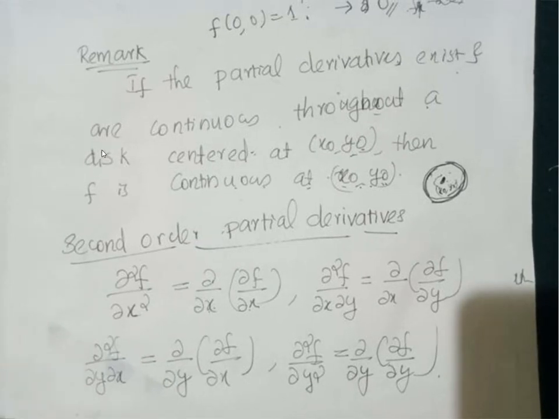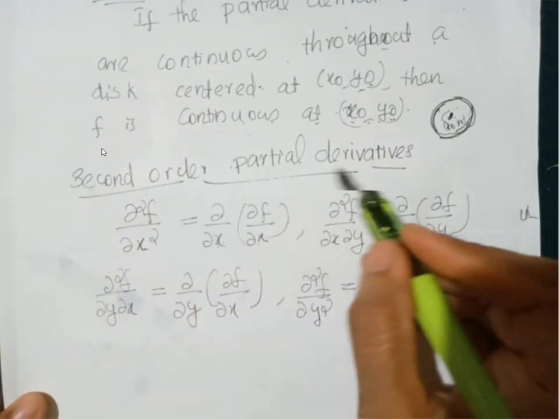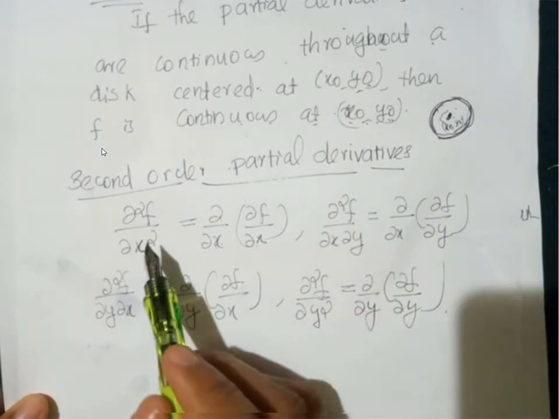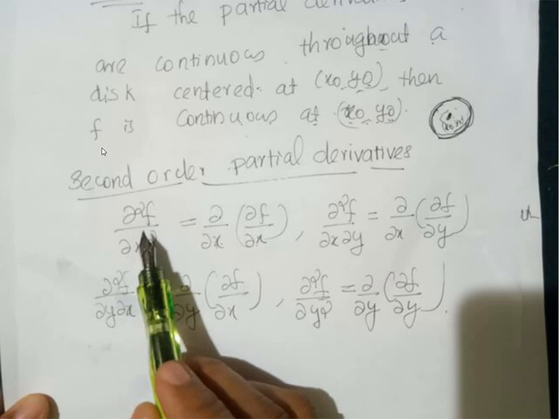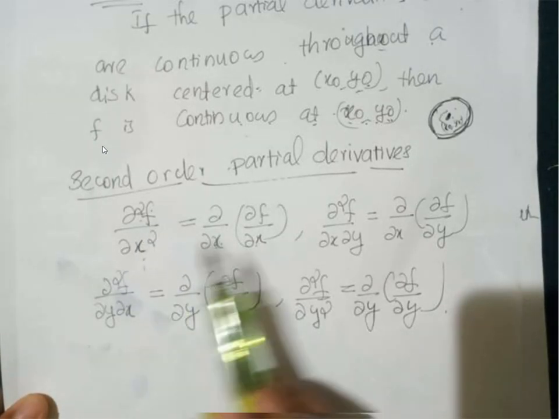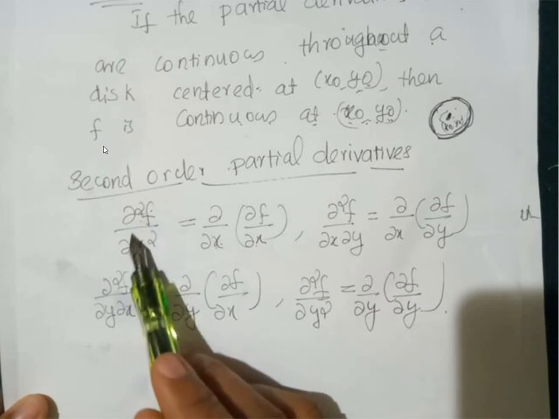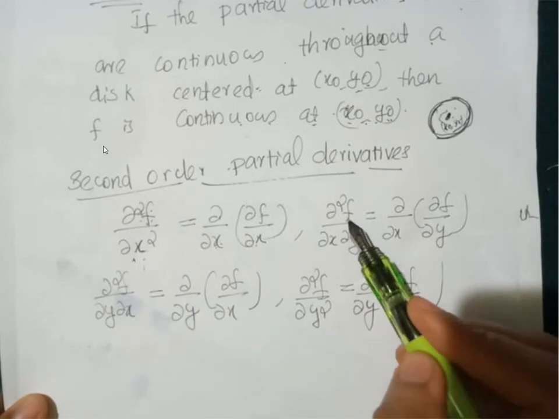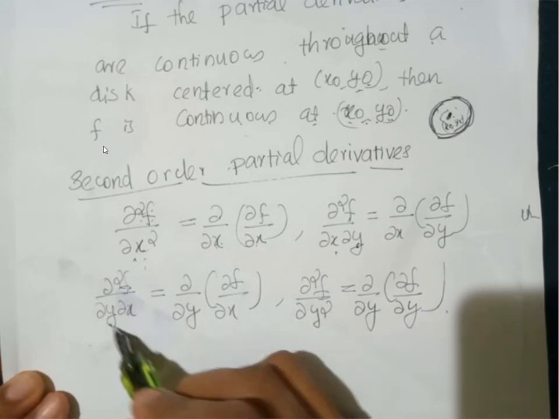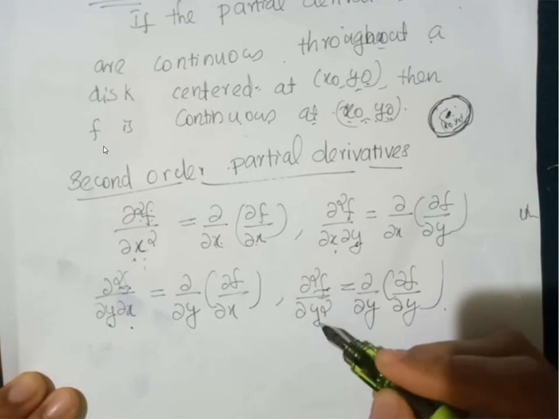Moving on to the second order partial derivatives. What is the meaning of second order? There are mainly 4 types of second order partial derivatives: dou square f by dou x square, dou square f by dou x dou y, dou square f by dou y dou x, and dou square f by dou y square.